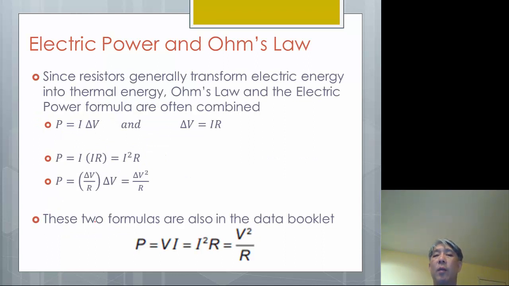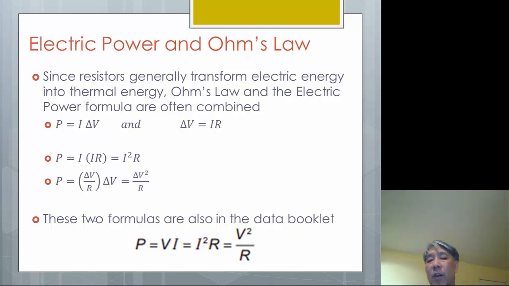And then when I combine these two formulas, power and Ohm's law, I end up with a couple of other versions of the formula. Power is equal to I squared R, if I substitute for V, or V squared over R. These two modifications are also in the data booklet.